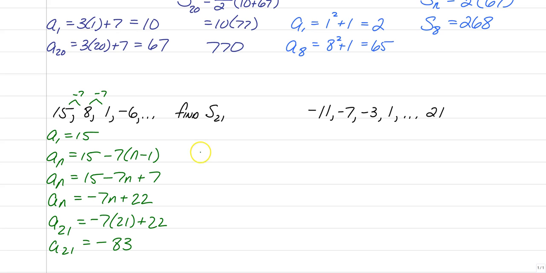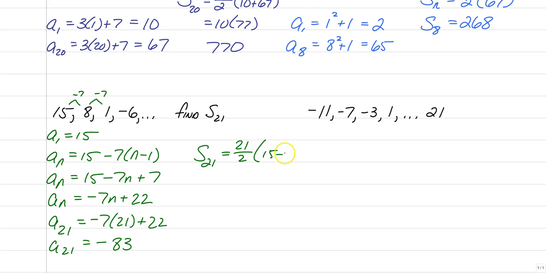So the formula again: the sum of the first 21 terms is equal to the number of terms divided by 2. So we have 21 terms divided by 2 times the sum of the first and last terms. So that would be 15 minus 83.